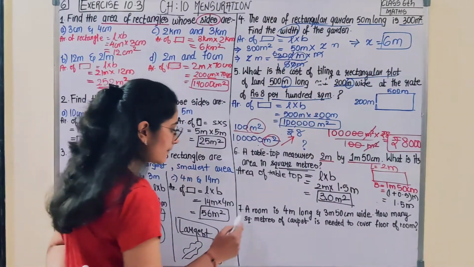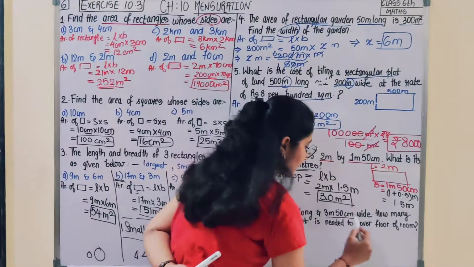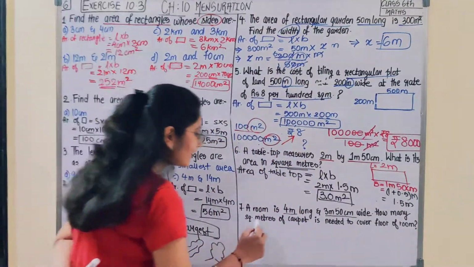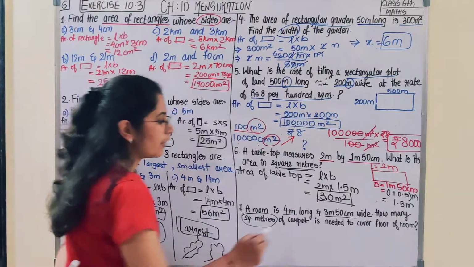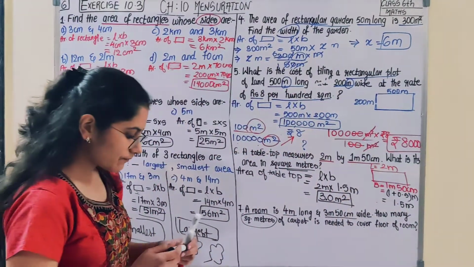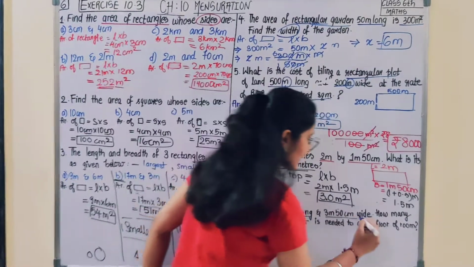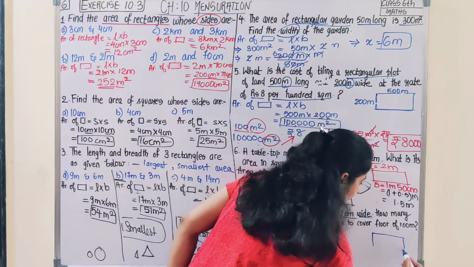Okay, next question. A room is 4 meter long and 3 meter 50 centimeter wide. How many square meters of carpet is needed to cover the floor of the room? Okay, so since they have given length and breadth, we would be considering rectangle.